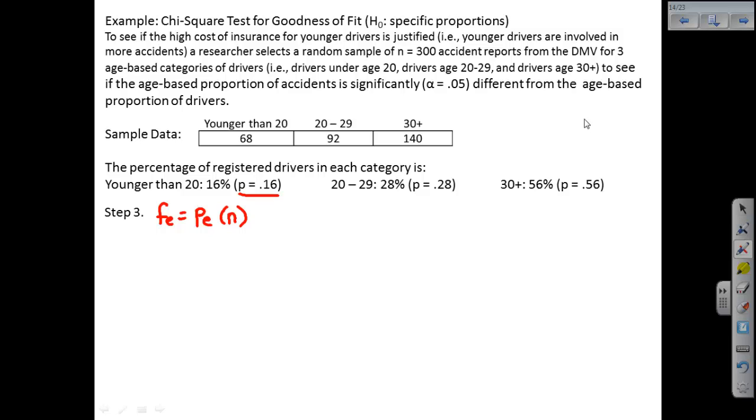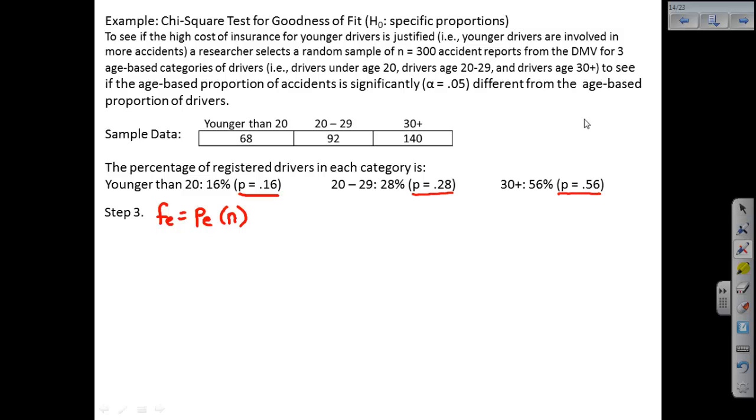So 0.16 is the proportion of accident havers that we would expect to have in our sample if they equaled the proportion of drivers that are younger than 20. 0.28 is the proportion of accident havers between age 20 and 29 that we would expect to have in our sample if the proportion of accident havers was equal to the proportion of drivers between the age of 20 and 29.